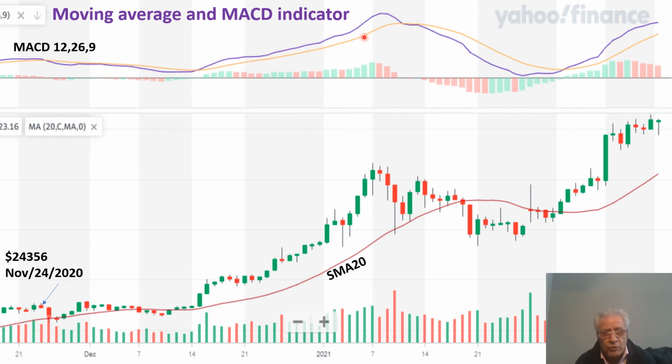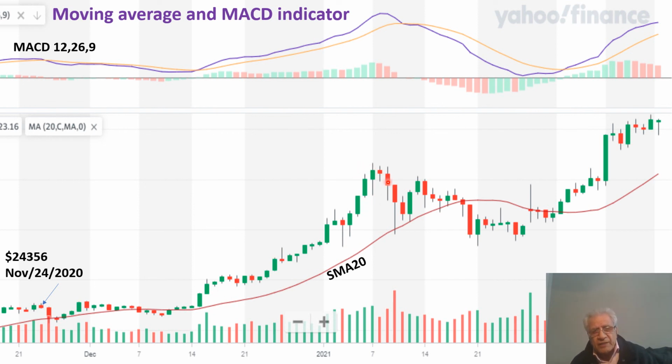That's a sign of an upward trend all the way to where we exit the market. So the MACD indicator shows that we did okay. Moving average shows that we made a good decision.